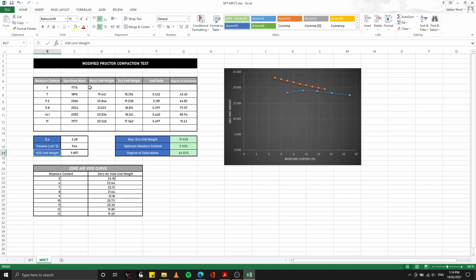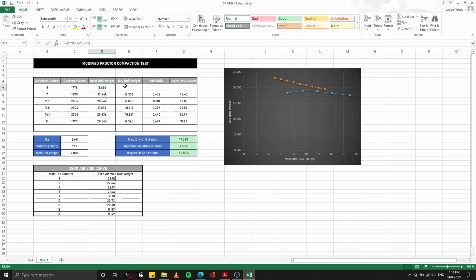First off, to calculate the value of the moist unit weight, ang gagawin lang natin is to divide specimen mass divided by the volume multiplied to 9.81. Same formula lang din ang gagamitin natin throughout dito sa ating mga given values or data.